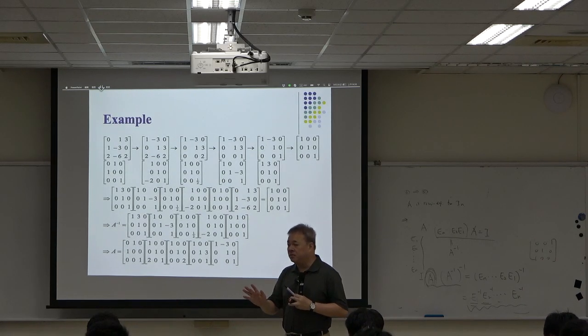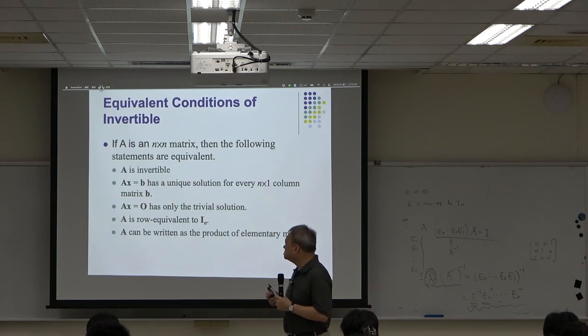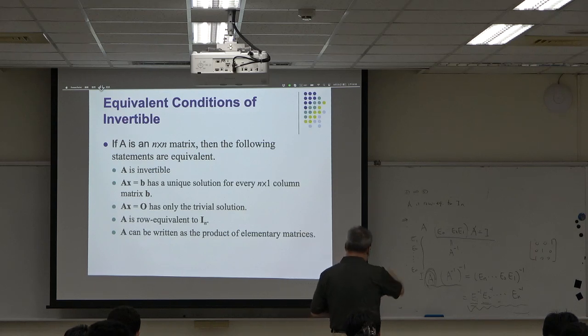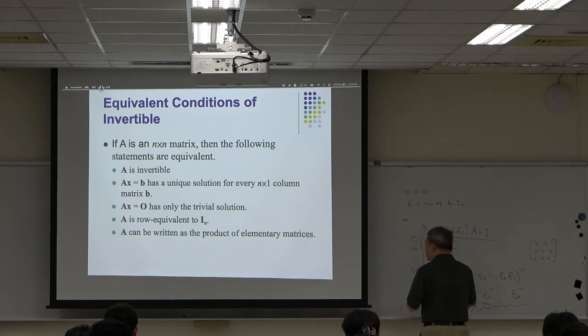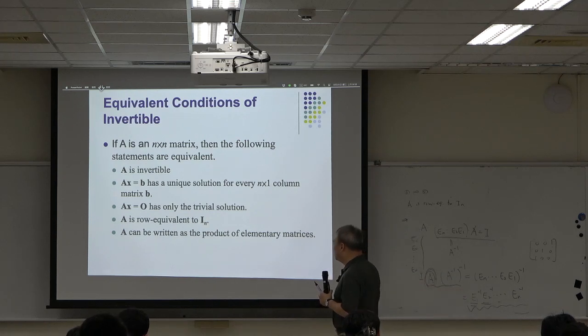Okay? We've covered this much. And the next one, from 5 to 1. Okay, I forgot, this is a cycle. So from 5, I will have to go back to 1. If A can be written as a product of elementary matrices, then we say A is invertible.